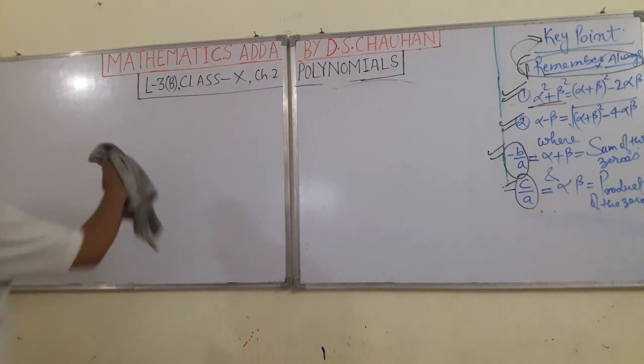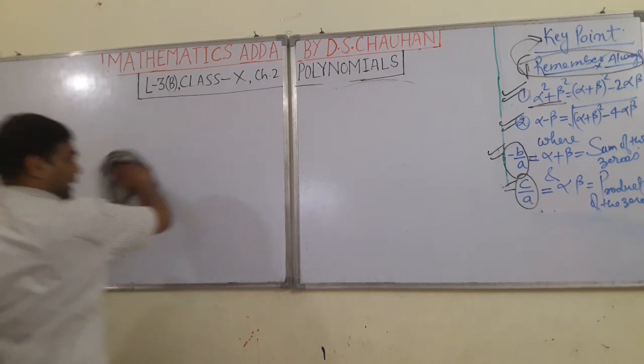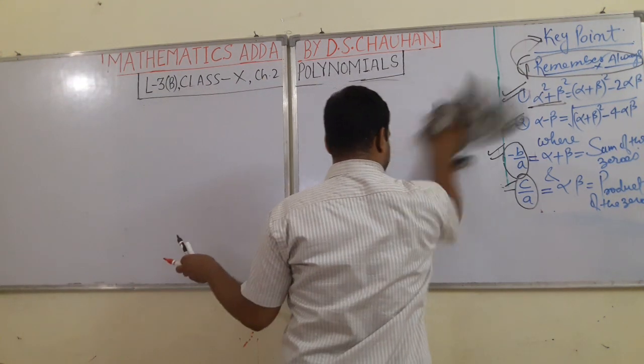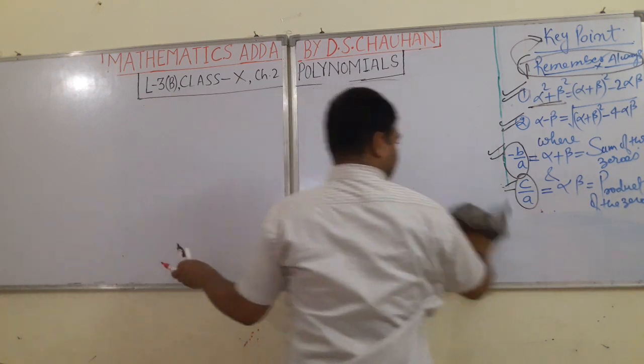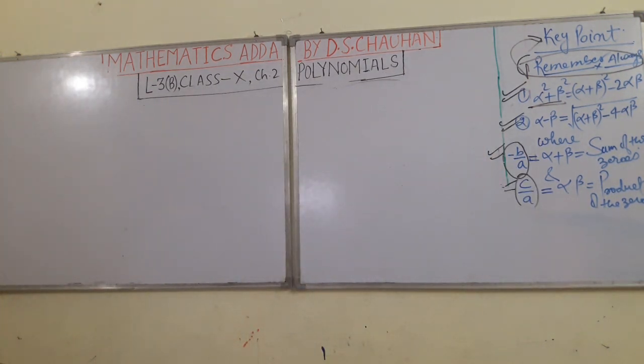Now students, I am telling you some more questions, and by getting the knowledge related to these questions, you will be able to crack the problems related to them. The next question, students, is a very simple question for 1 or 2 marks.